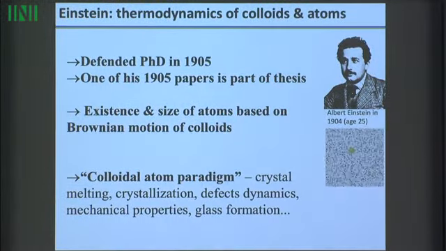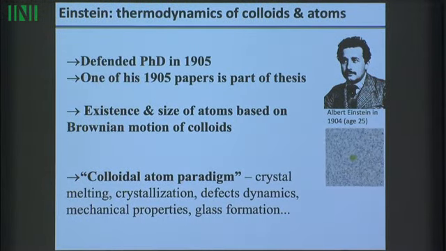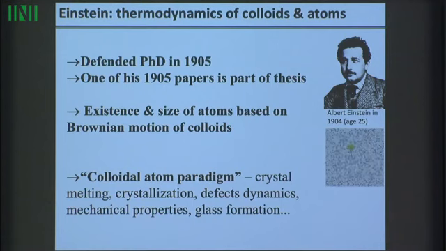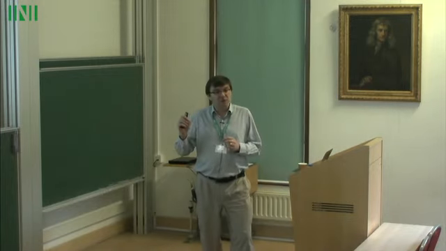So I'll start with a brief introduction as a motivation to colloids in general. So we all know that Einstein himself, when he was working on his PhD, was explaining Brownian motion of colloidal particles. And in doing that, he also was proving that atoms and molecules exist, and he was deriving from very basic principles the size of these building blocks of matter, right?